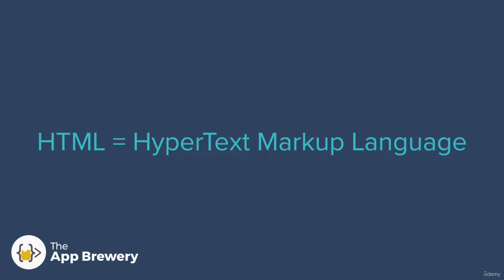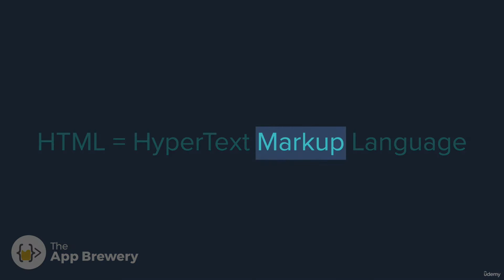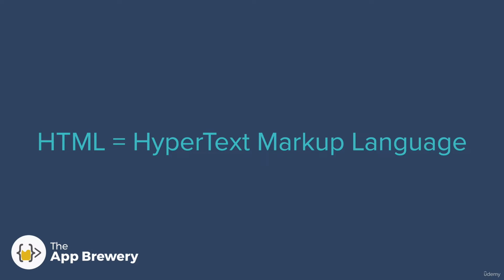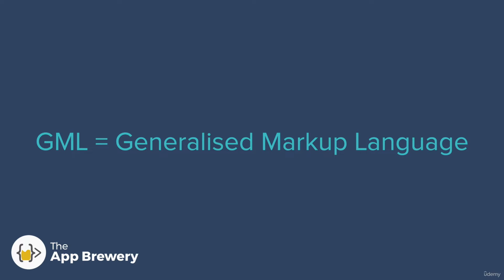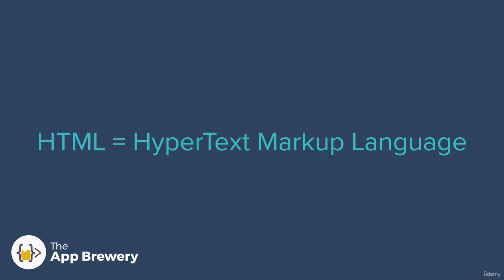So HTML stands for Hypertext Markup Language, and the really important part here is the word markup, because there's many markup languages. For example, you might have heard of things such as XML, Extensible Markup Language, or GML, Generalized Markup Language, and all of these languages share a common history.